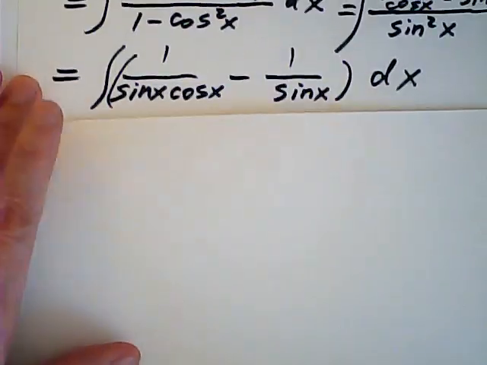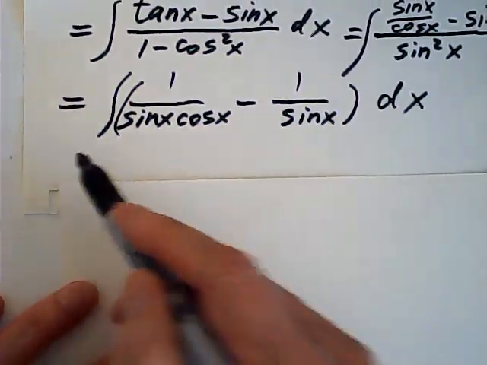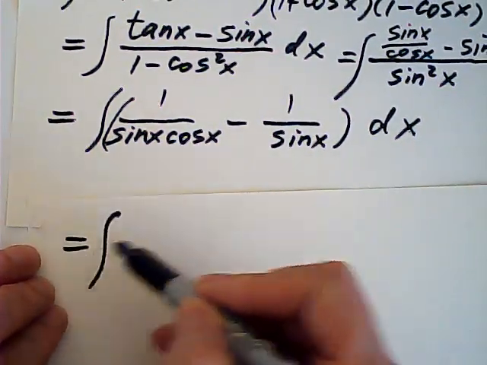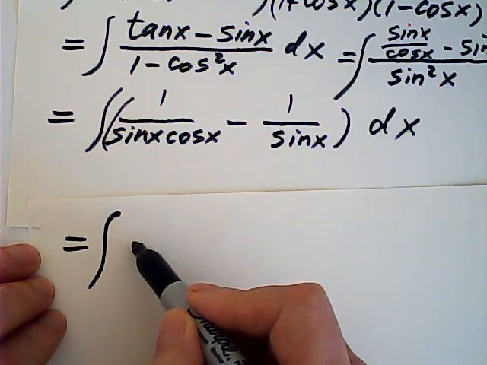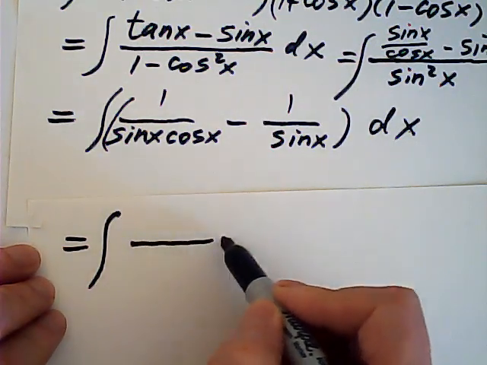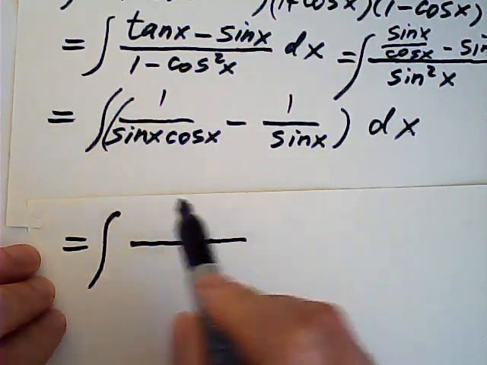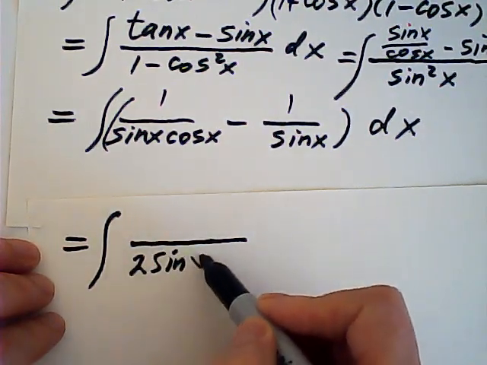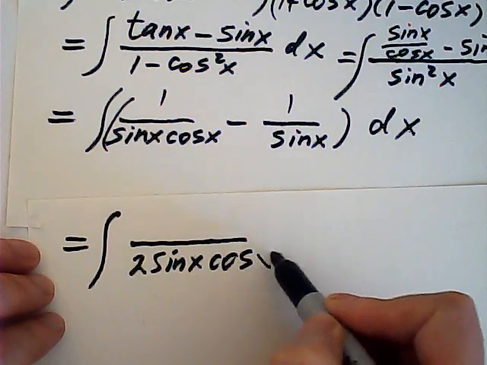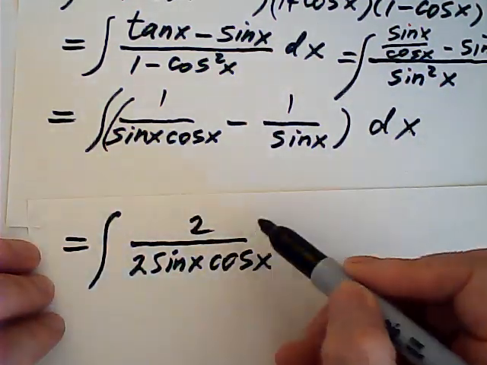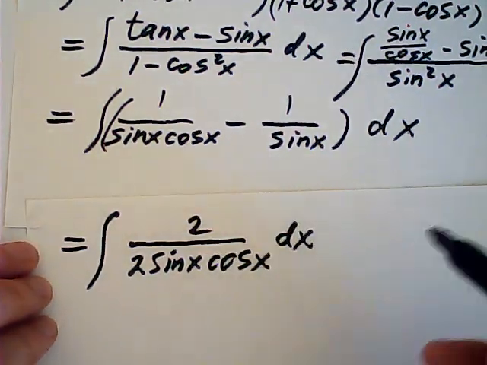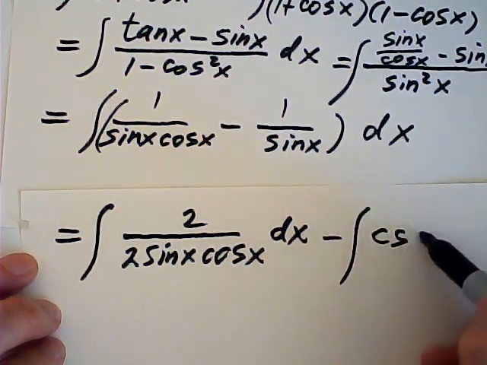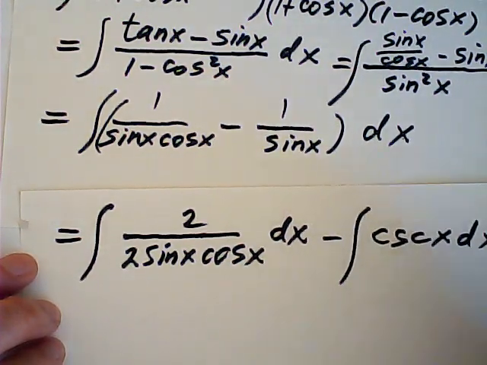Then the first part of the integral is equal to 2 over 2 sine x cosine x dx. That's the first integral, minus integral cosecant x dx.